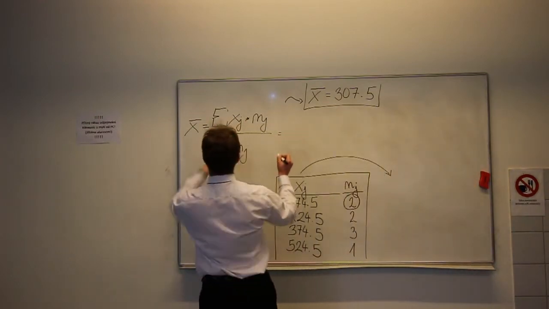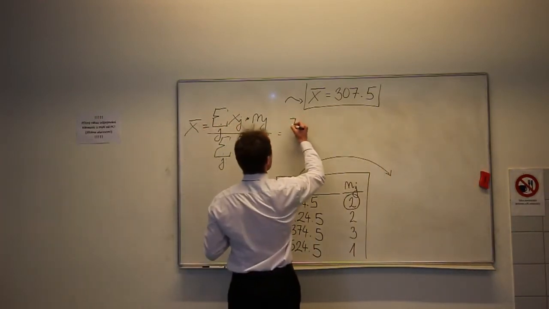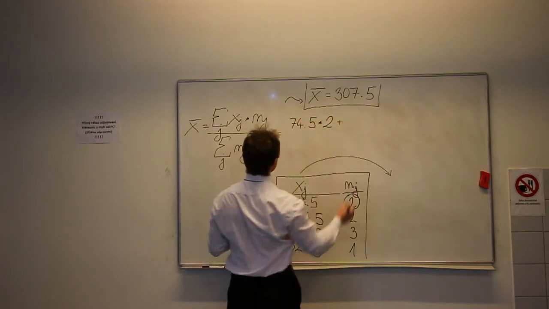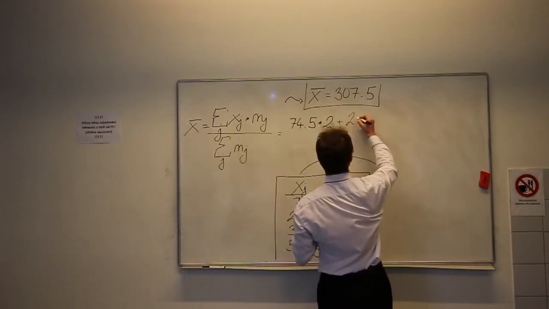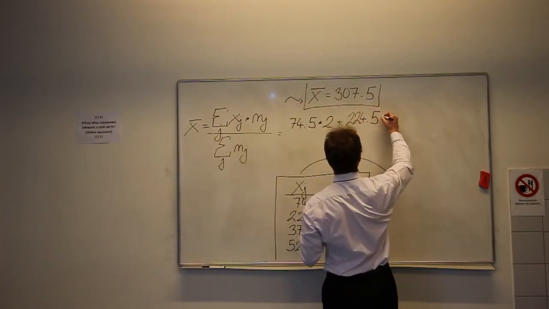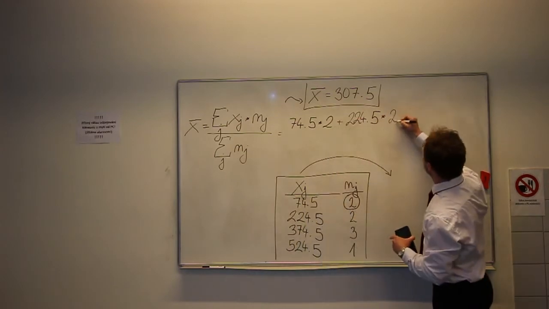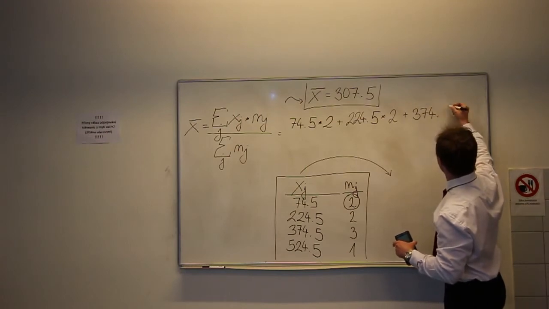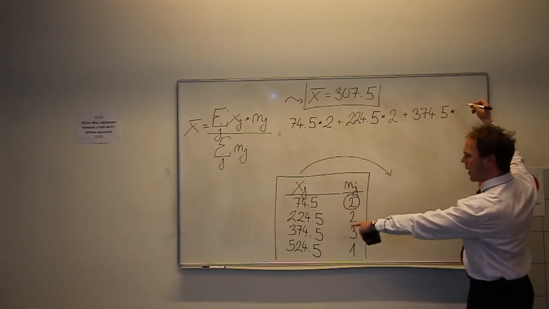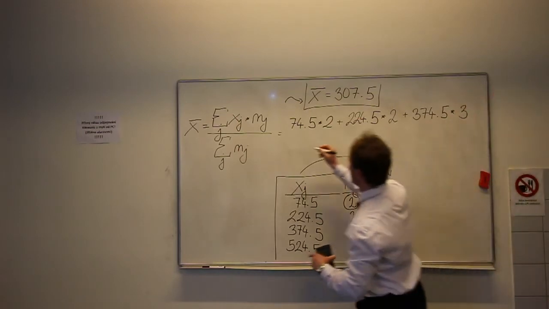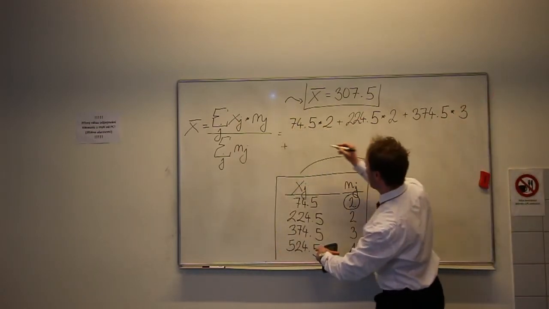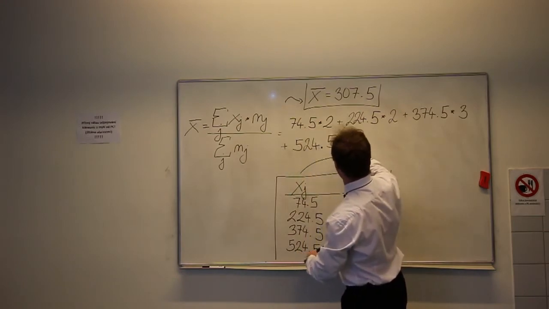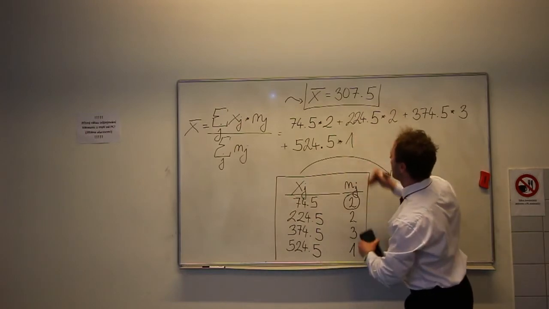So what will be here? Xj, 74.5 weighted by 2 persons plus 224.5 weighted by 2 persons plus 374.5 weighted by 3 persons plus 524.5 weighted by 1 person.